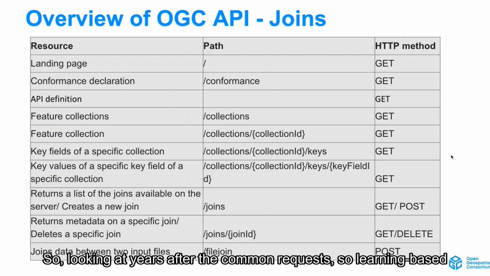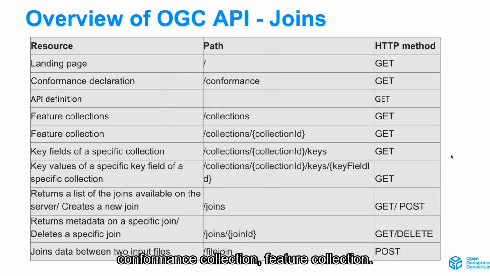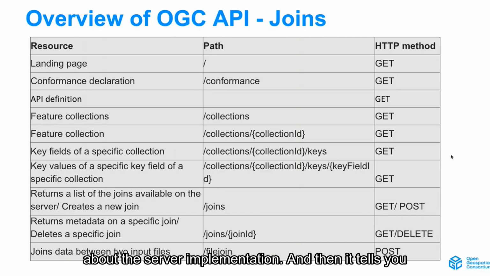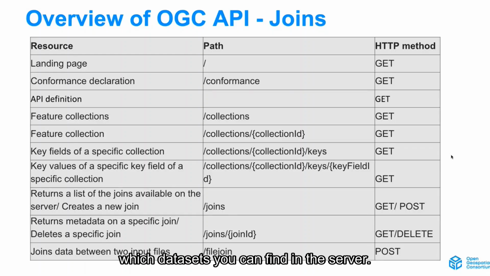So looking at here, after the common requests, so landing page, conformance declaration, feature collection, this part basically tells you something about the server, the implementation, and then it tells you which data sets you can find in the server.